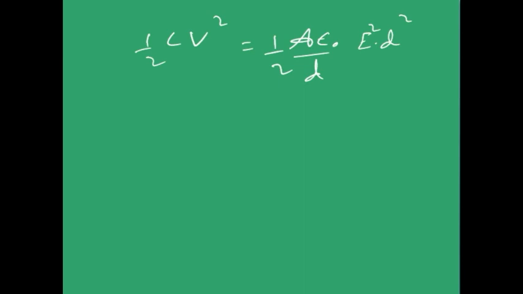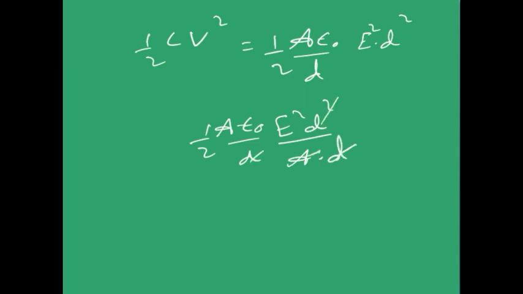To find it, you have this total energy, half A epsilon naught by D, E square D square. You divide it by the volume, which is nothing but A into D. You get these terms cancelled, and finally you have this energy density U as half epsilon naught electric field square.